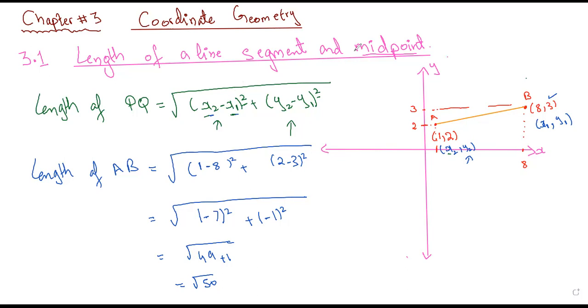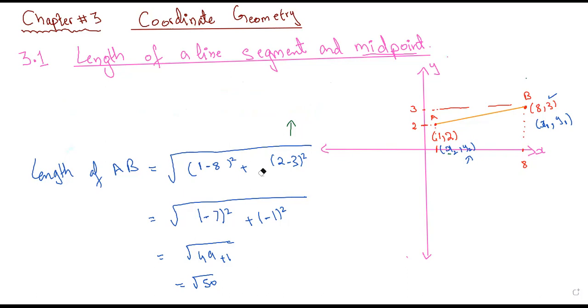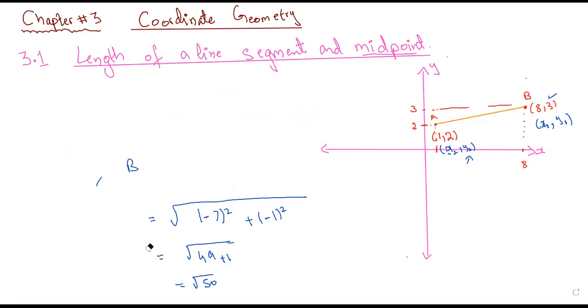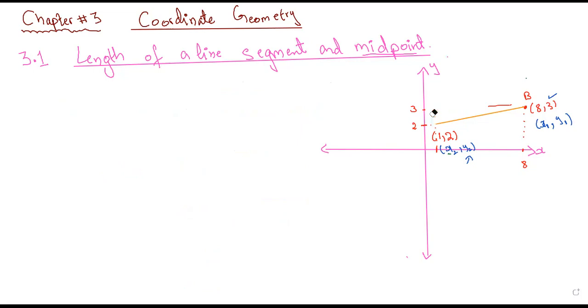Let's talk about the second concept of this first section, midpoint. So again, we will make a line and then we will talk with reference to that line. So I will rub this example and we have, again, let's say this is a line and this point is x1, y1.